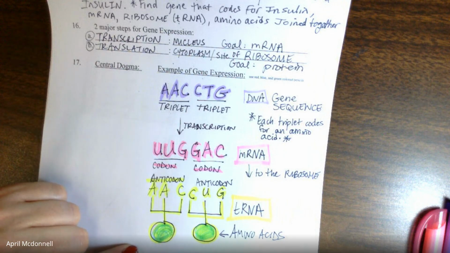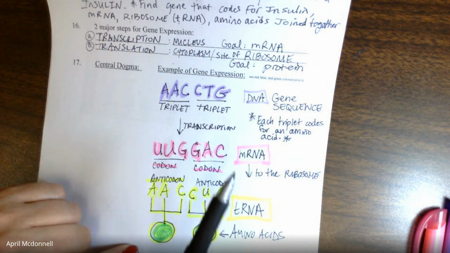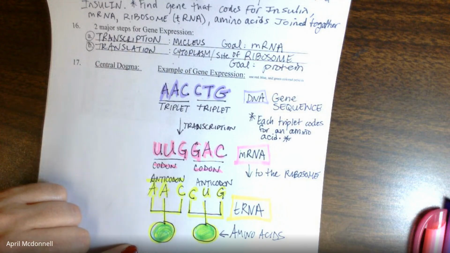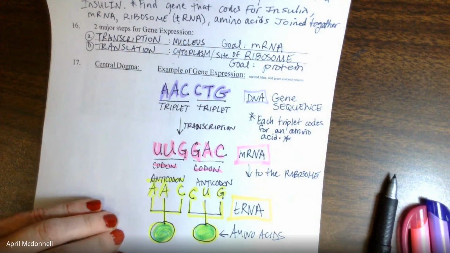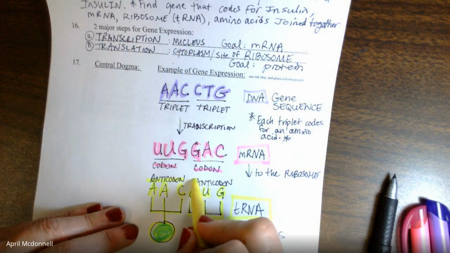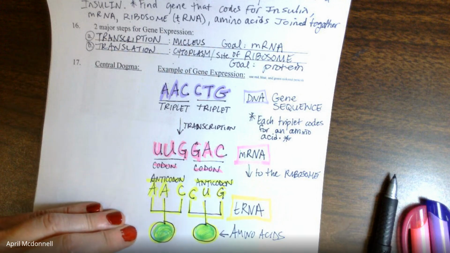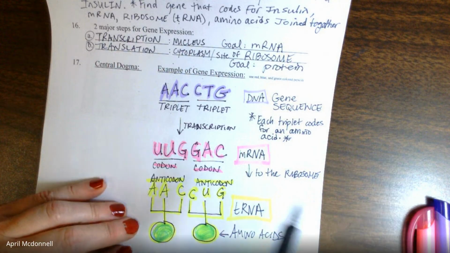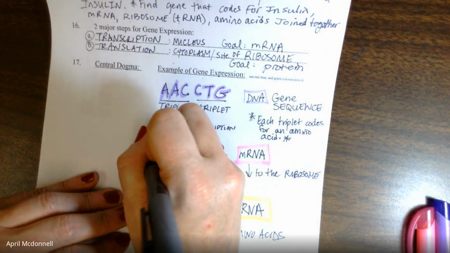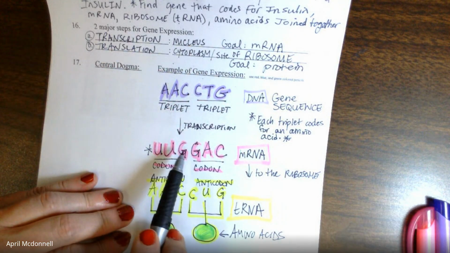It turns out that scientists were doing research in this area and trying to determine how messenger RNA coded for specific amino acids. And scientists came up with a table of all of the amino acids that we need and all of the messenger RNA that code for them. So, for example, our first codon is UUG.